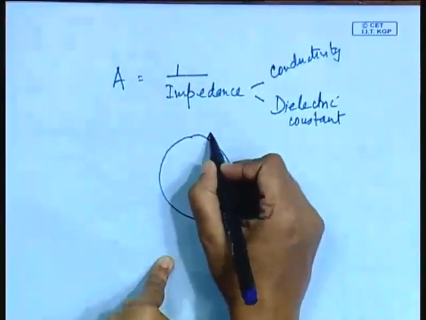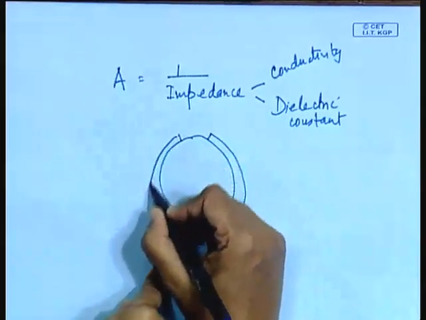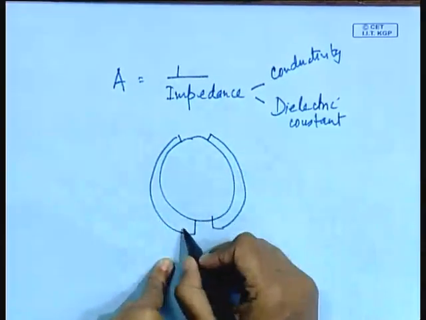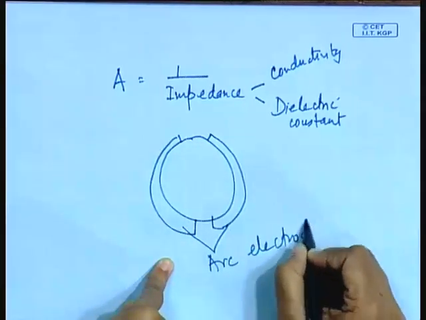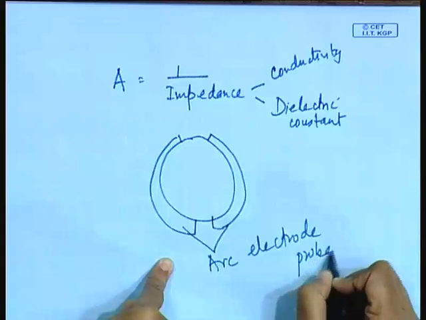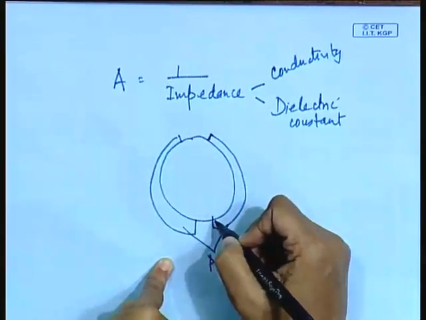For example, suppose you want the area average. What will you do? We can take, say, arc electrode probes. People have been using them. These are known as arc electrode probes. They are mounted on diametrically opposite walls.